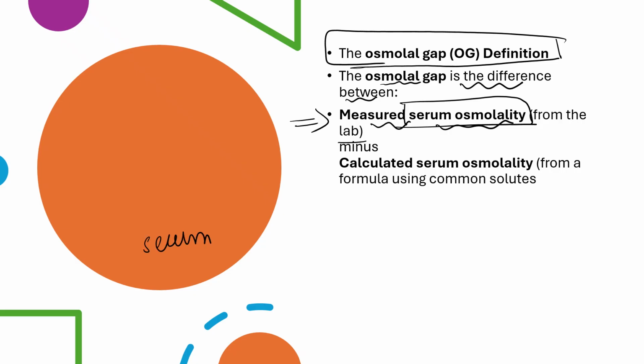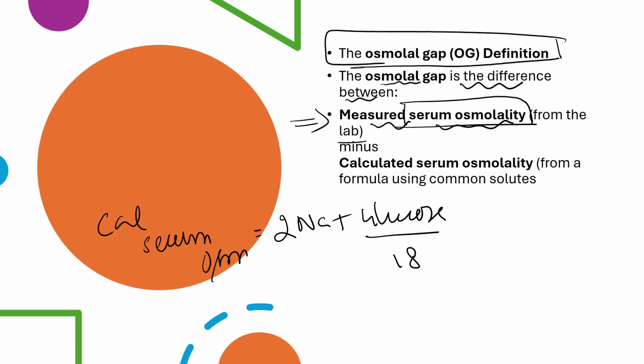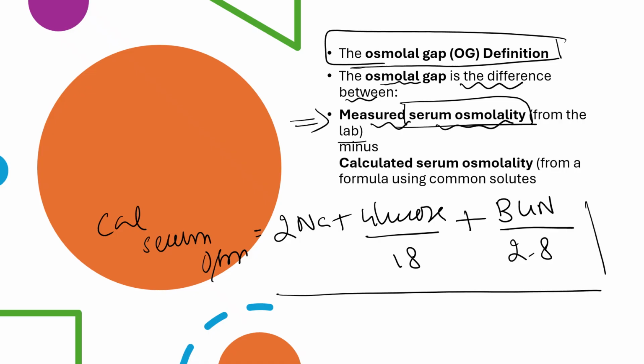calculated serum osmolality is equal to 2 times sodium plus glucose over 18 plus BUN over 2.8. By this formula, you can calculate serum osmolality.